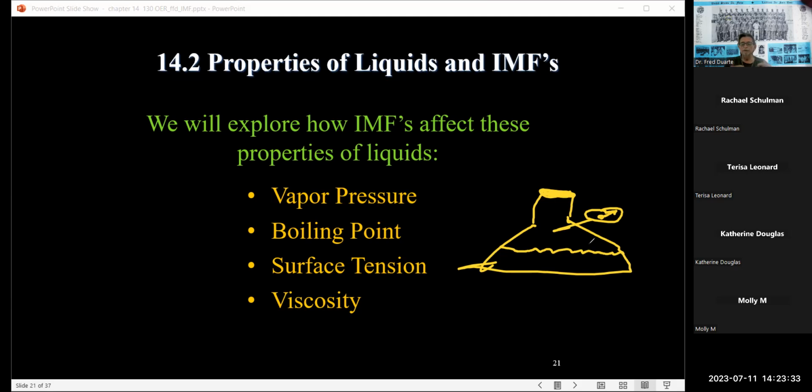Now, all of these physical properties are dependent on the intermolecular forces. For example, when you compare the viscosity of water to the viscosity of honey, we know that honey flows much slower than water. If I had a cup of each and I emptied the cups, that honey is going to take a little time to completely empty from that cup because it's thicker.